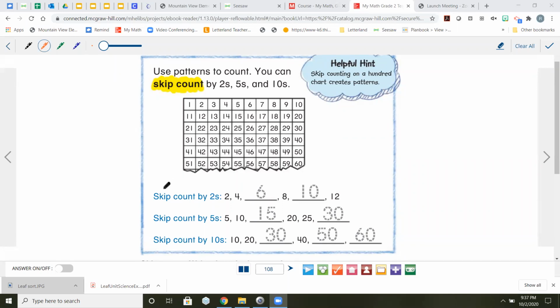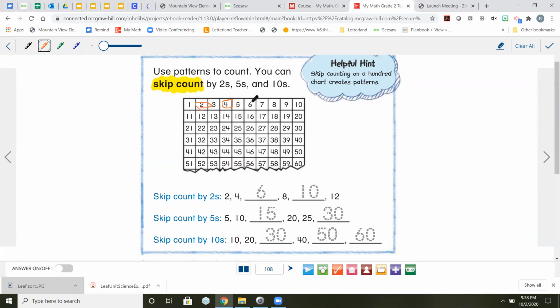Okay, well, right here we're going to go down. It says skip count by 2s. All right, so what I'm going to do is I'm going to pick the orange, and I'm going to have what they have here. So you start with 2. I'm going to circle what they've got here. 4. So notice we skip 1 and we do this one. Then we skip 1 and we circle it.